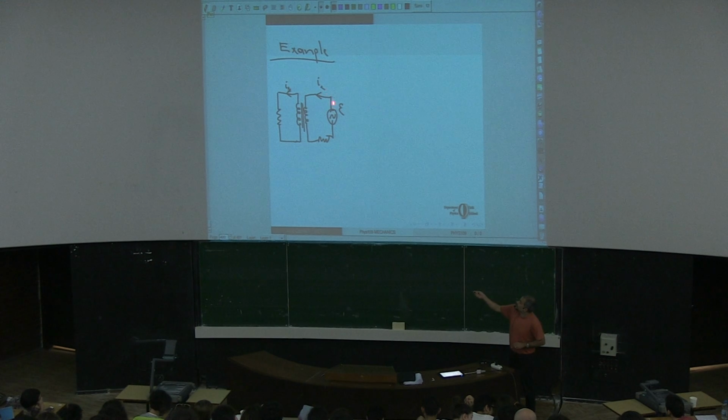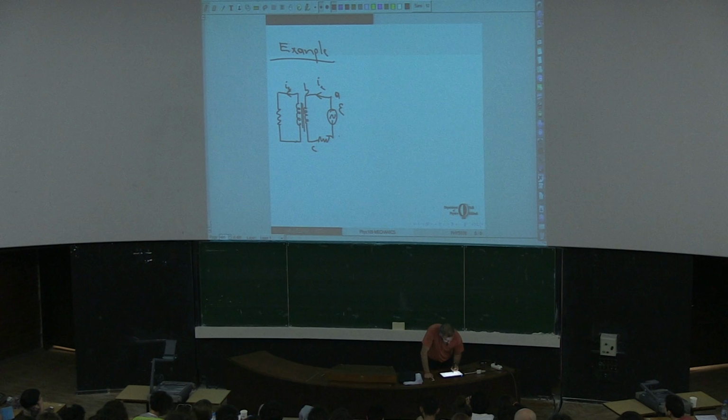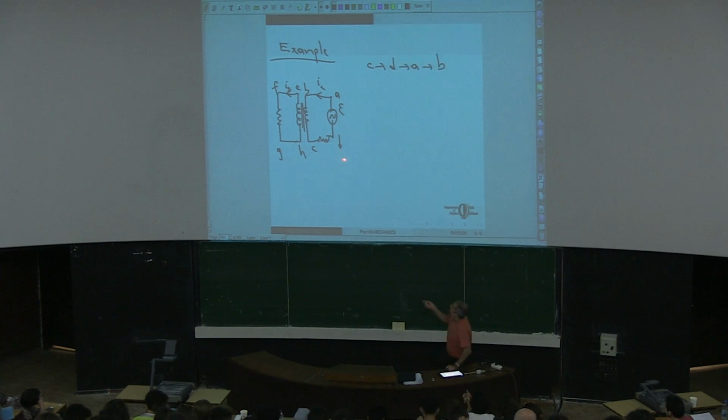Okay, let's also give some names: A, B, C, D, E, F, G, H. Now, let's go from C to D to A to B. Let's say this is R1, this is R2.